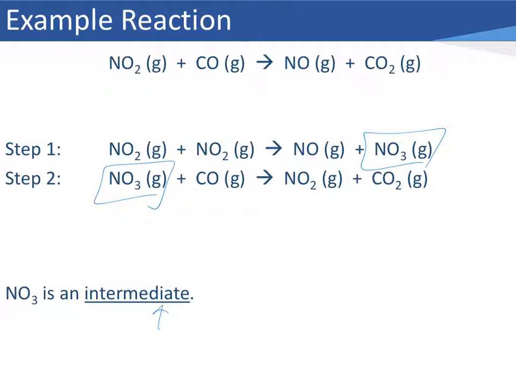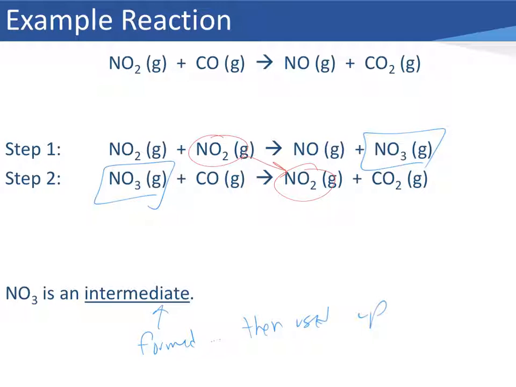The idea of an intermediate is it is formed, then used up. It's not just a transition state, but an actual intermediate that will exist for a moment in time because it is a real species. It's not a transition state. I also want you to notice that 2 moles of NO2 were used in step 1, but 1 mole of NO2 was produced in step 2.